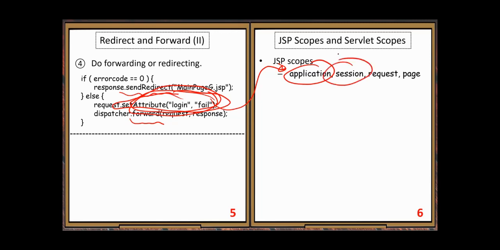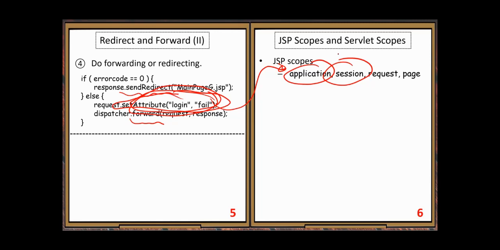The second one is session scope. We know a session can store data through multiple pages. So when you maintain a shopping cart in a session, after you do a lot of things, the data stored in that shopping cart is still there.